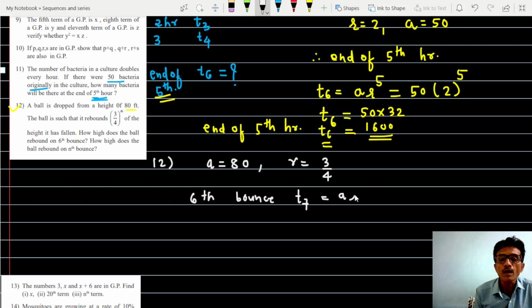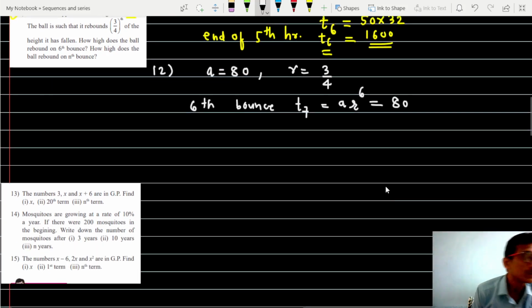T7 is AR raised to power 6, is 80 into R. R is equal to how much? 3 by 4. It is 80 into 3 by 4 raised to power 6. This much feet height after sixth bounce.